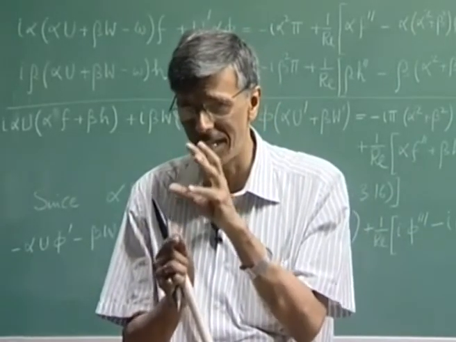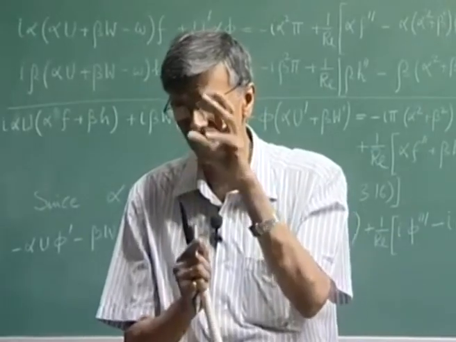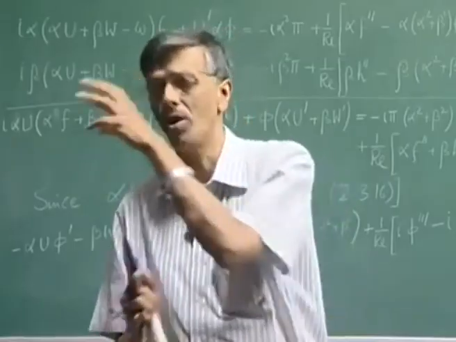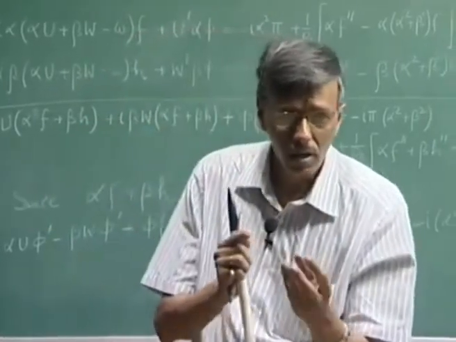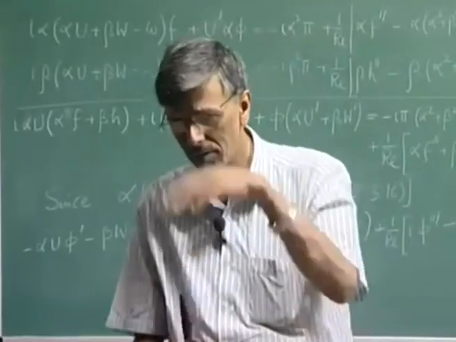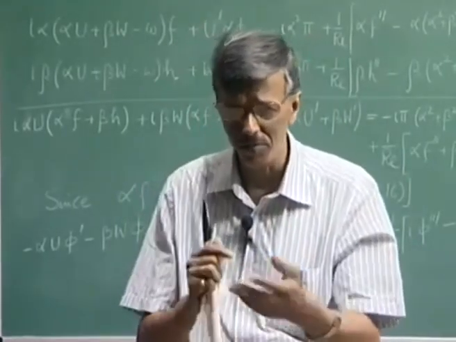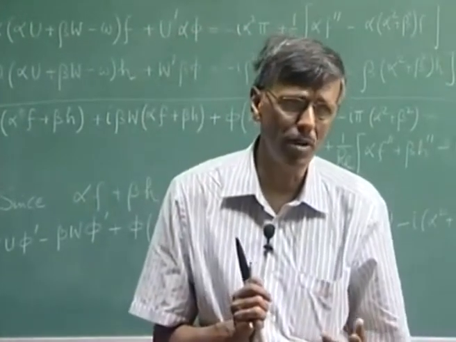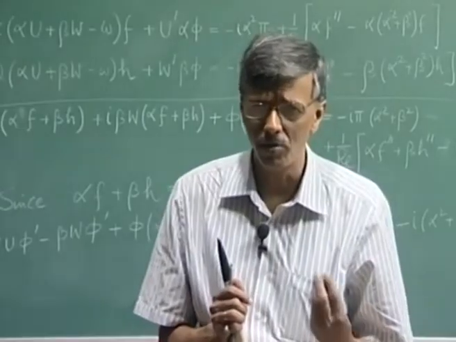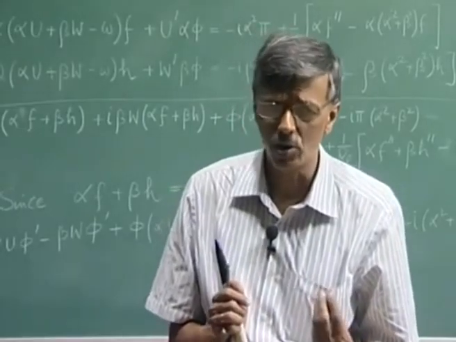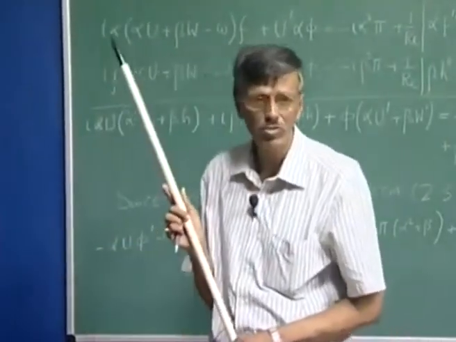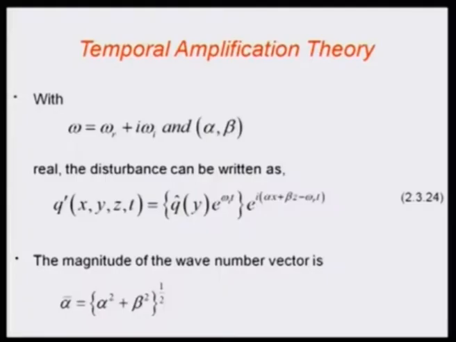There the bubbles sit and grow, and once one achieves some critical relative strength, it is shed, the other one is subdominant, and the scenario reverses itself in each half cycle. So, the near wake of a blunt body is a very good example where things grow in time, and those kinds of disturbances could be studied using what we call temporal amplification theory.